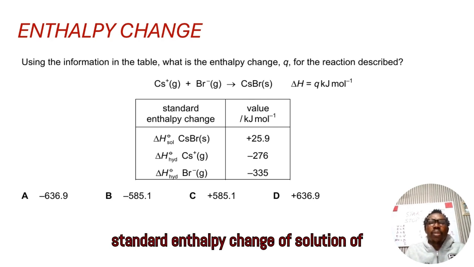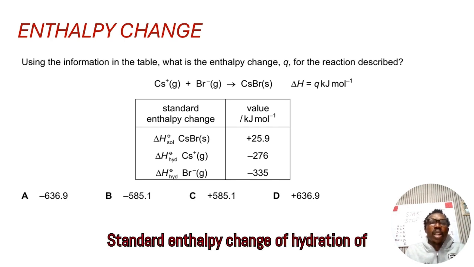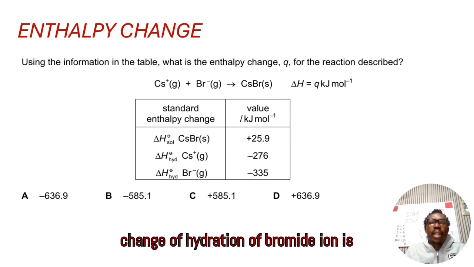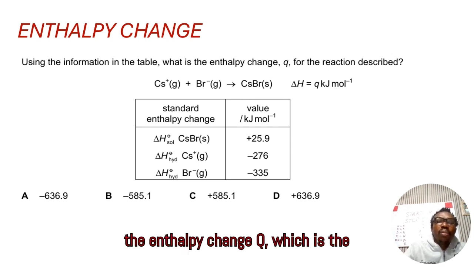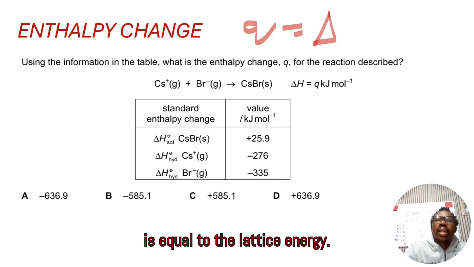The standard enthalpy change of solution of cesium bromide is plus 25.9. Standard enthalpy change of hydration of cesium ion is minus 276. Standard enthalpy change of hydration of bromide ion is minus 335. So you're asked to calculate the enthalpy change Q, which is the lattice energy.